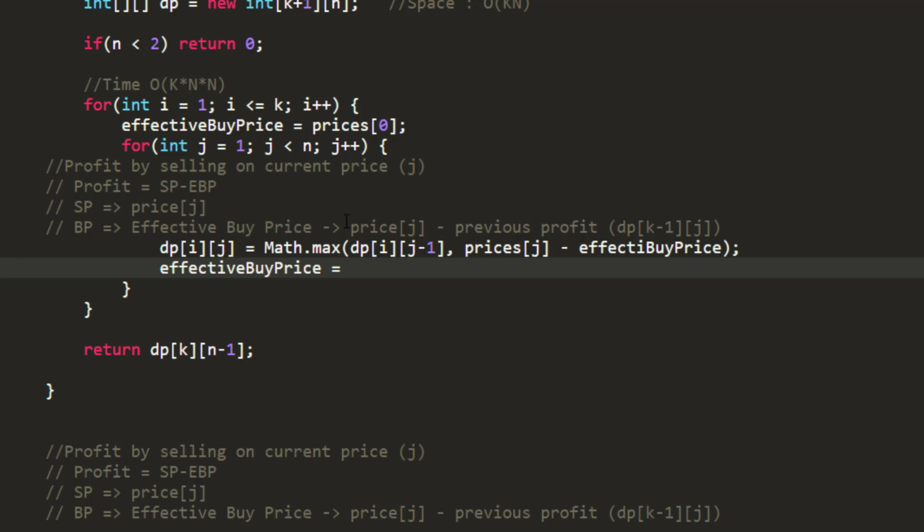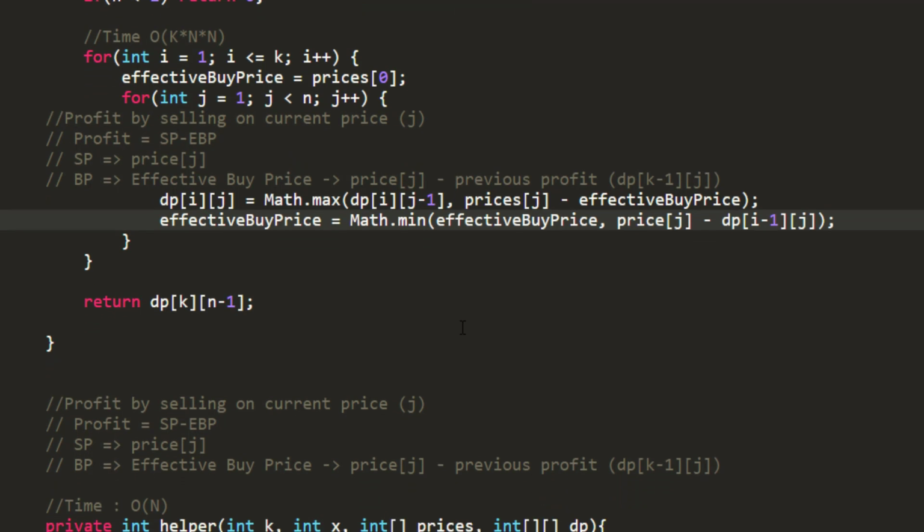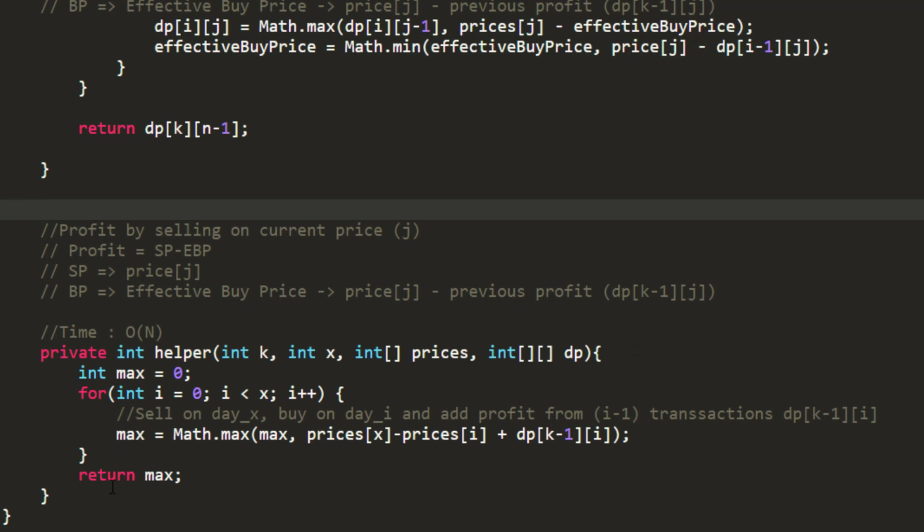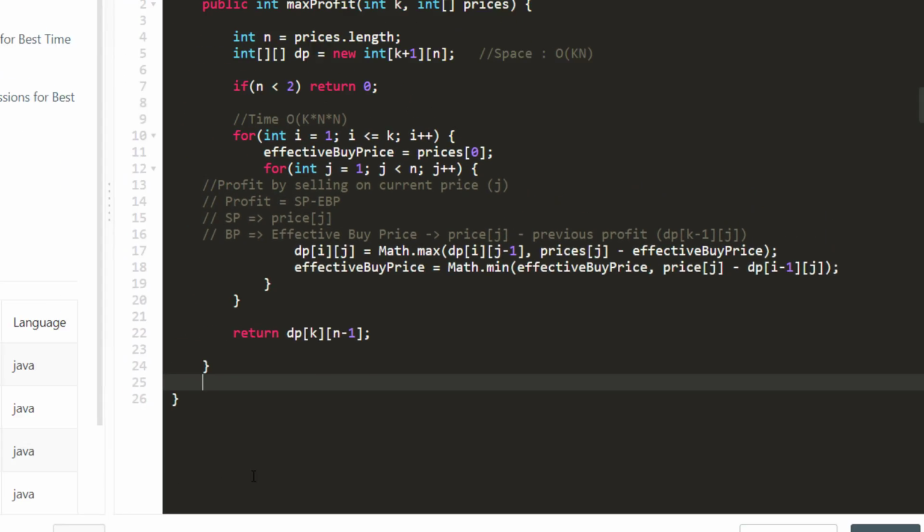This effective buy price will be the minimum of either the previous buy price, that is this, and this formula, which is price of j minus dp of i minus 1 and j. And with this, all this code is not required.